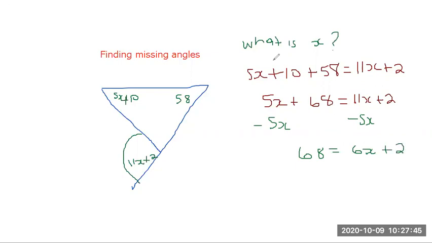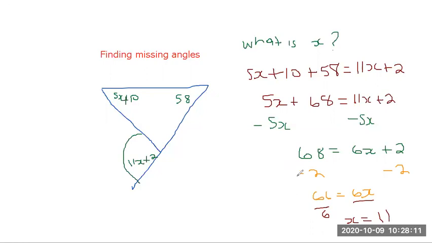Now I need to subtract 2 from both sides. So I'm left with 66 equals 6x. Then of course you do the multiplicative inverse and divide by 6. So yes, Kiajane, x is equal to 11.